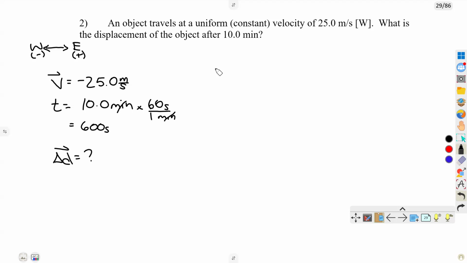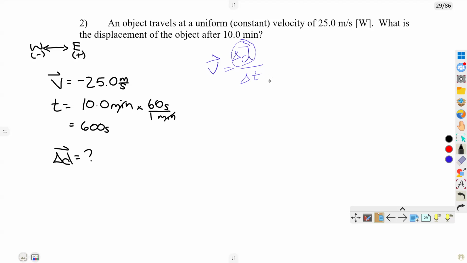All right, so our original equation is as so. I should put this in here as the change. We're looking for the change in displacement.